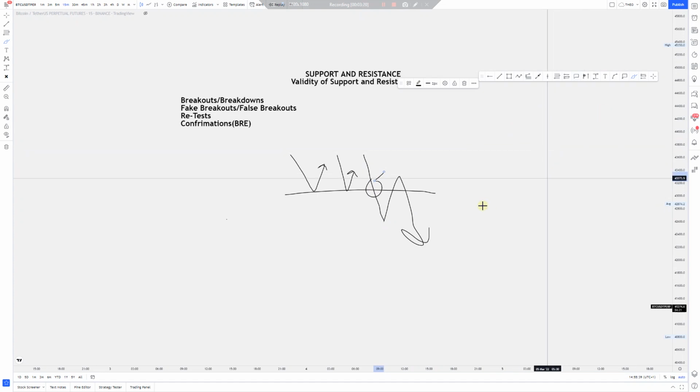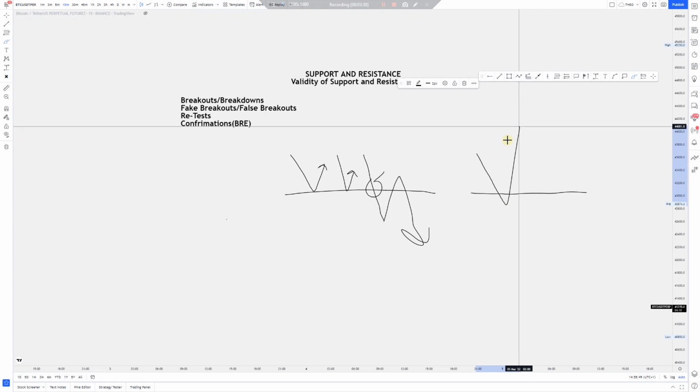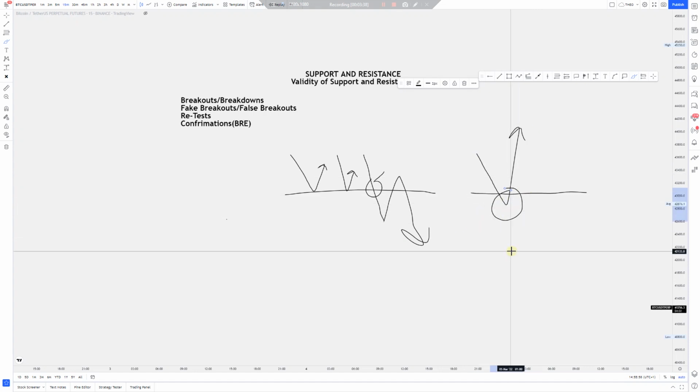Now, when we talk about fake breakouts or false breakouts, when we have support this way and all of a sudden price just comes back in and continues going up, we consider this a false breakout.